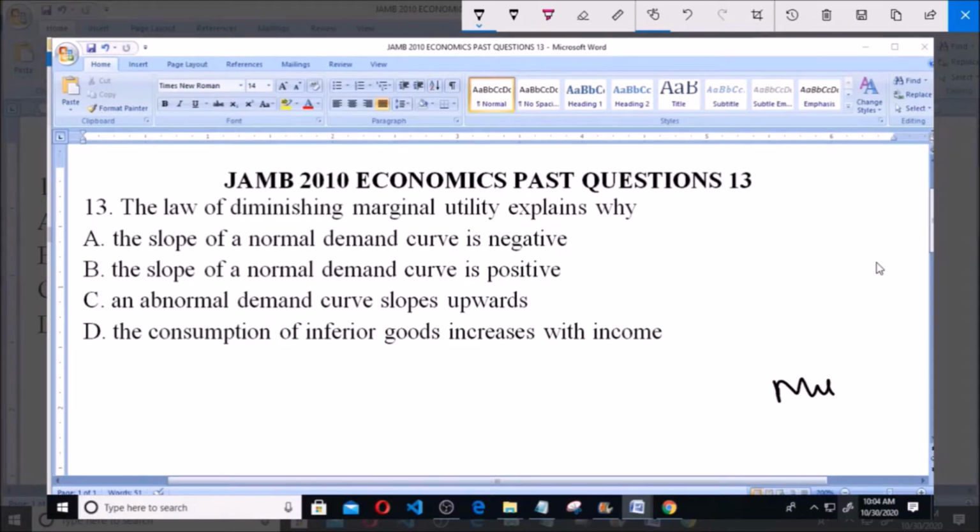To achieve this, the consumer ensures that marginal utility of a good is equal to the price of the good. So on this basis, the correct option is option B, which says the slope of a normal demand curve is positive.